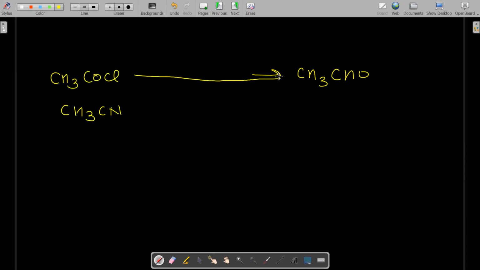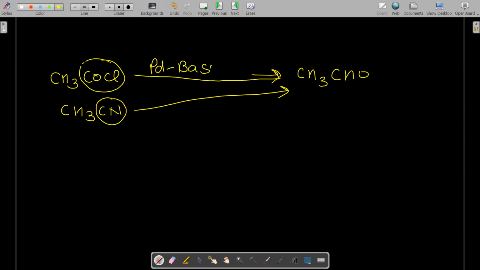So both directly convert into this same product. From COCl we get CHO, from CN also we get CHO. Only the reagents will be different. That is palladium, BaSO4, and here what we use is SnCl2 and HCl, or we can use DIBAL-H.